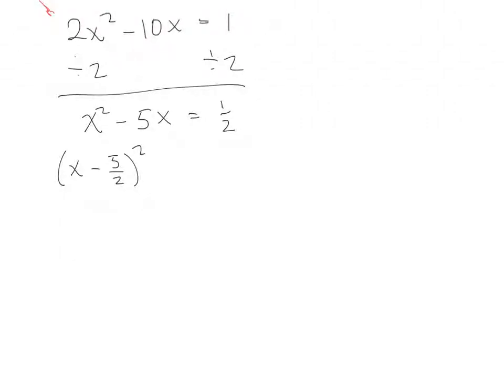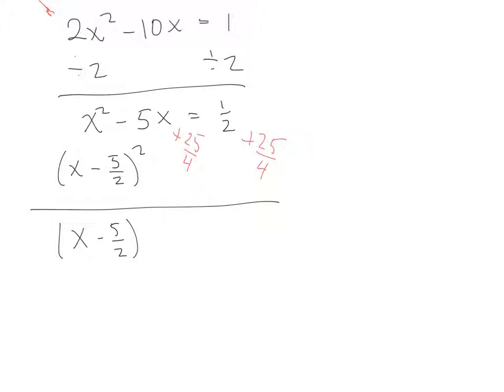So what we're going to need to do is add 25/4 to each side. And once we've done that, we should get that x minus 5 halves squared is 1/2 plus 25/4, which is 2/4 plus 25/4, so 27/4.